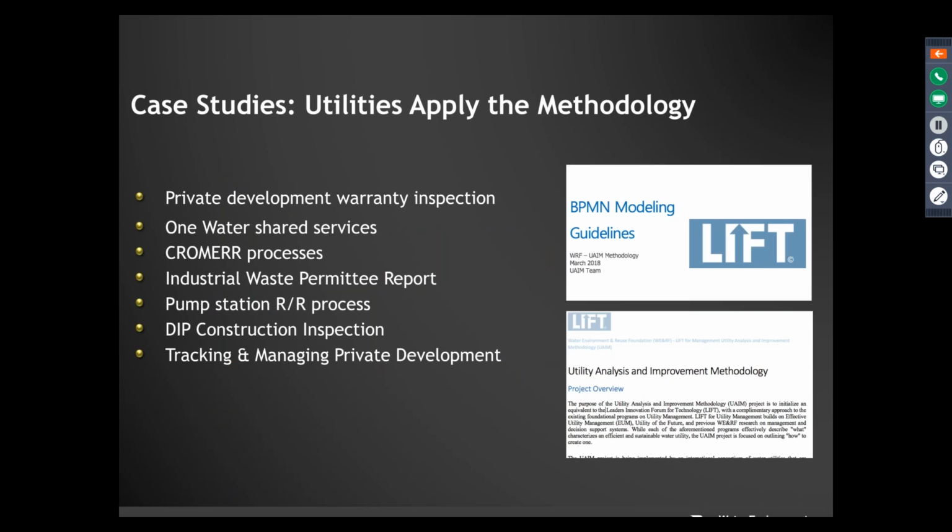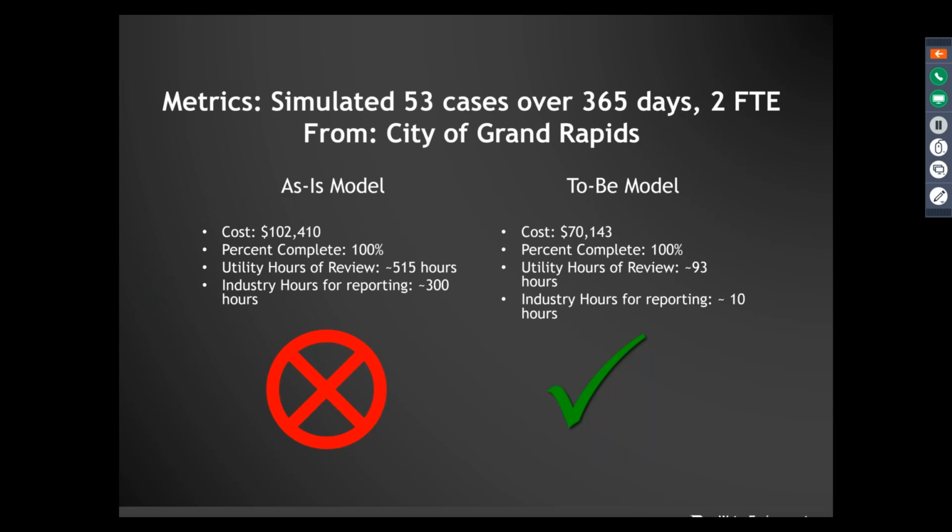This content also includes the case studies that have been done so far on the project, and these are examples of application of the methodology to different processes. And the knowledge base also includes guidelines for business process modeling and the typical scope of work for such exercises and so forth.